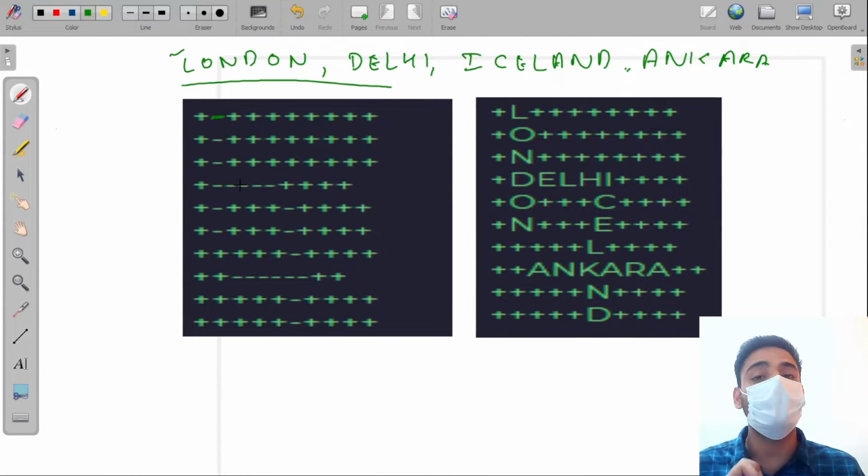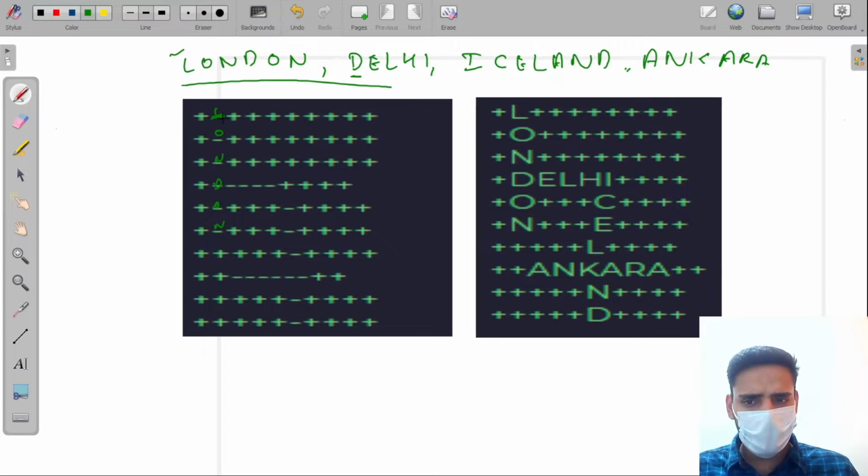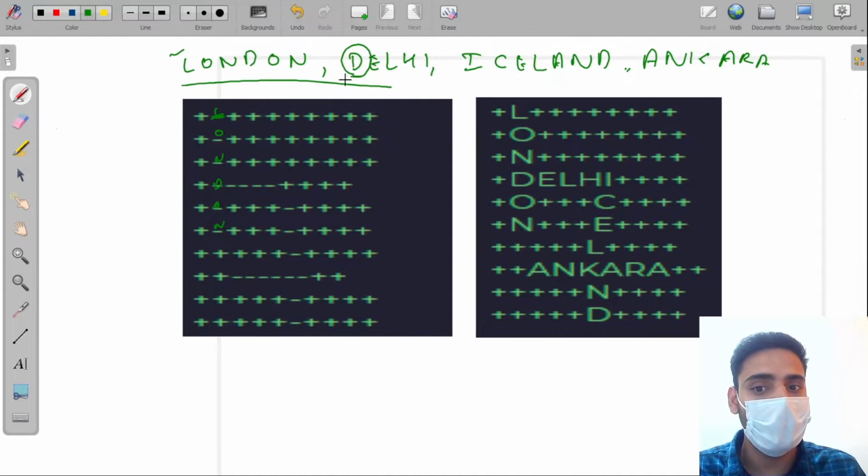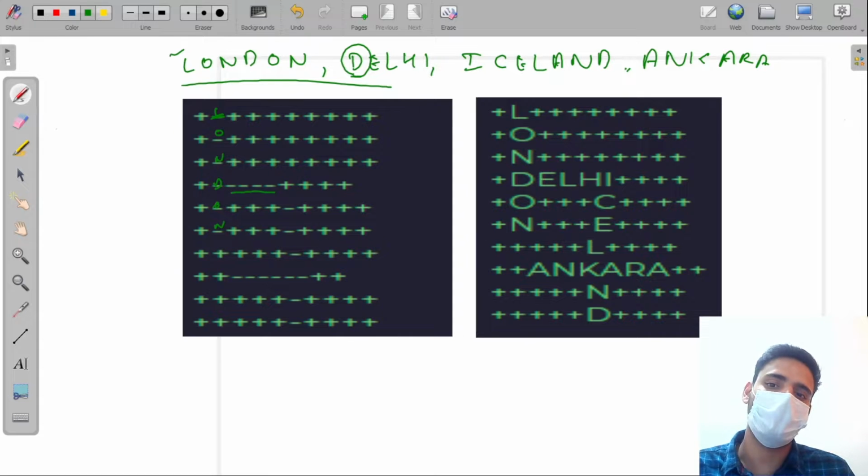There is one more condition in which we will place our word. What is that? Just suppose in the first condition we placed our London here. After that we start with Delhi. When we start for Delhi, we again start traversing here. We reach here, and we find the first letter of Delhi, D, and some vacant space.